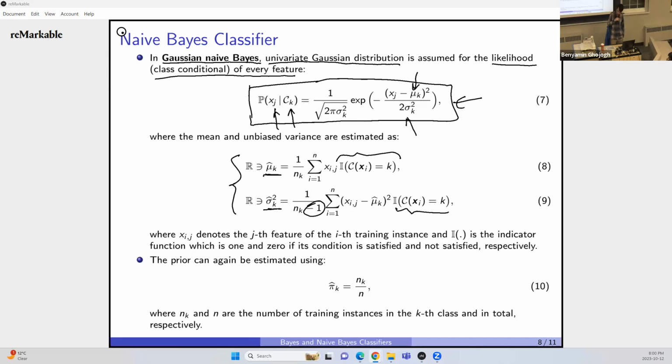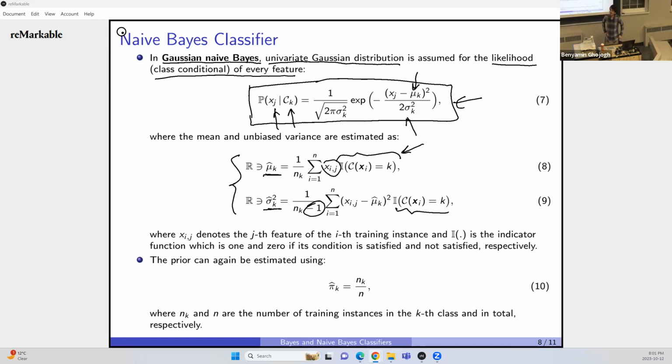By the way, the whole point belongs to the class; however, I'm calculating it for the jth feature. Did you get it? How do I know whether the point belongs to the class or not? I know it because I'm in the training phase. In the training phase, I know the labels of the points, right? Okay.